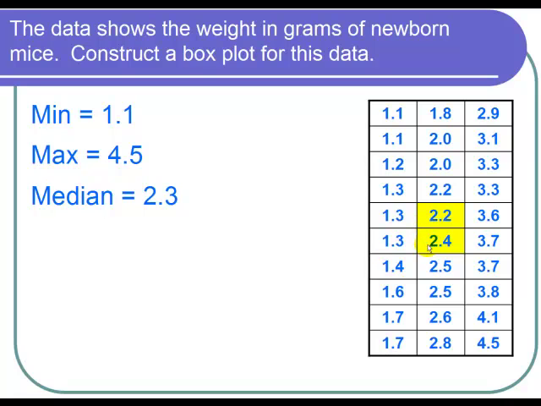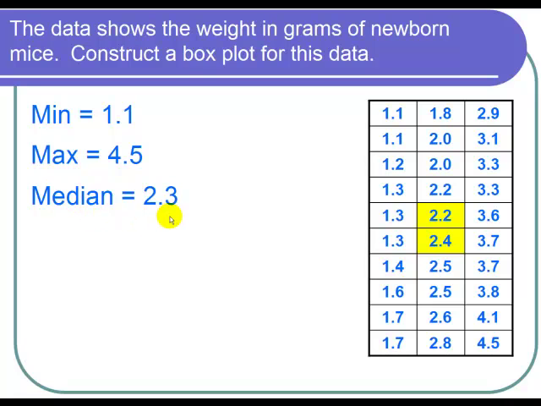Again, 30 divided by 2 is 15, and then take the 15th and 16th number, and then take the average of those two values. The average of 2.2 and 2.4, we could add and divide by 2, or just see that it's 2.3. So the median is 2.3.